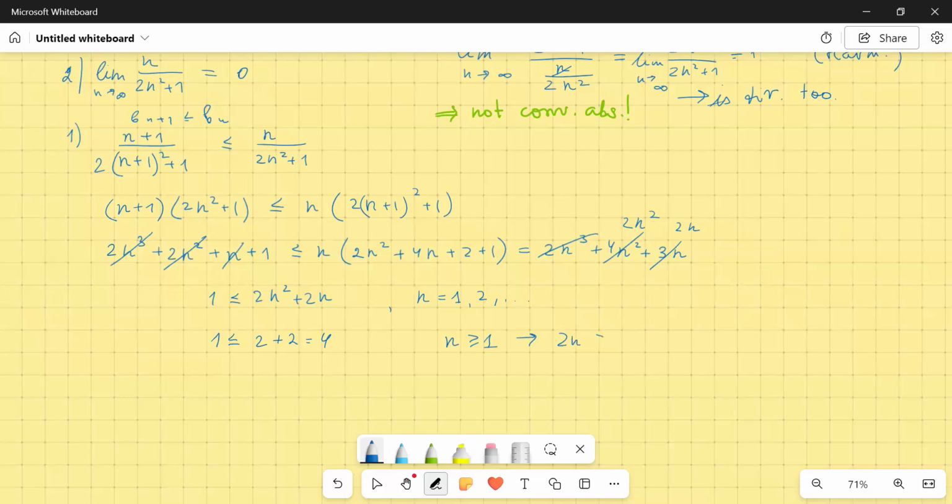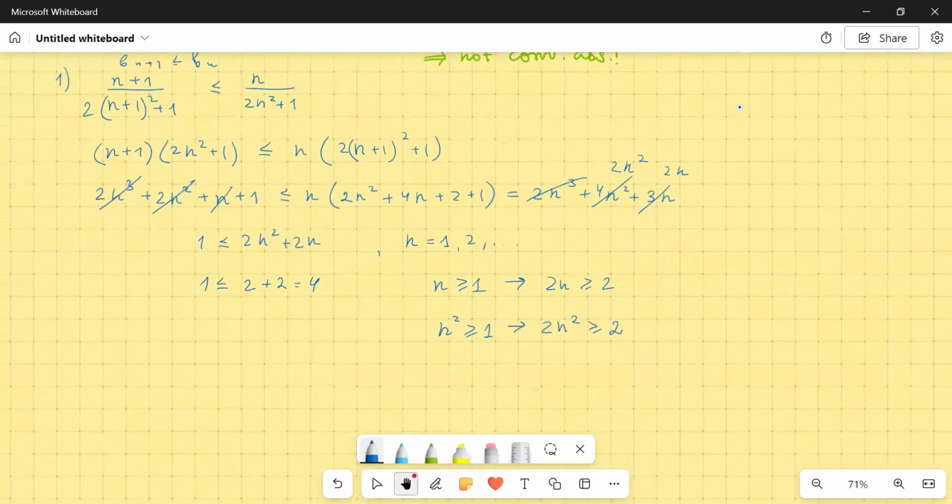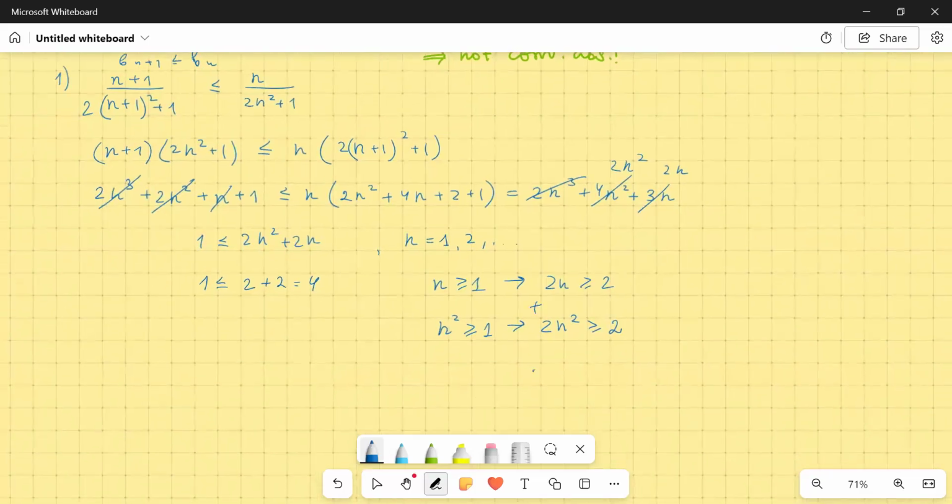Then 2n is greater or equal than 2. n squared is greater or equal than 1, and then 2n squared is greater or equal than 2. So when I add, I'm going to get 2n plus 2n squared is greater or equal than 4. And of course, it's greater than just 1. So my inequality is working. Okay, so I proved that the inequality is working.